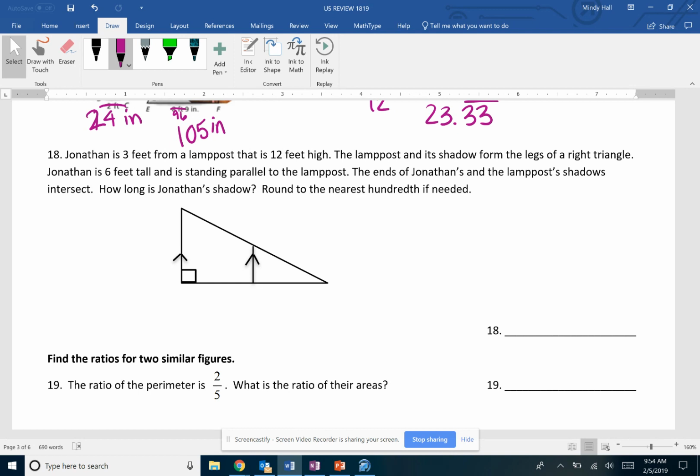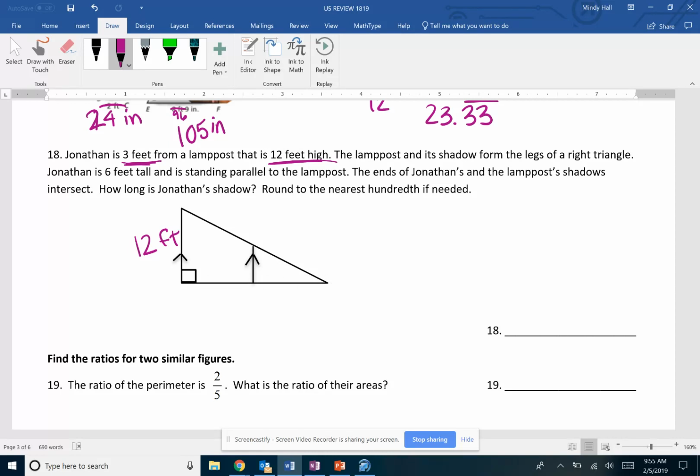So, when you see this, try and fill in the picture based on the information. So, we know that John is 3 feet from the lamppost. And we know that the lamppost is 12 feet high. Okay? And because the lamppost and its shadow form the legs of the right triangle, I know the lamppost is this vertical line that I labeled as 12 feet, and that the shadow is this horizontal line because those are the legs.